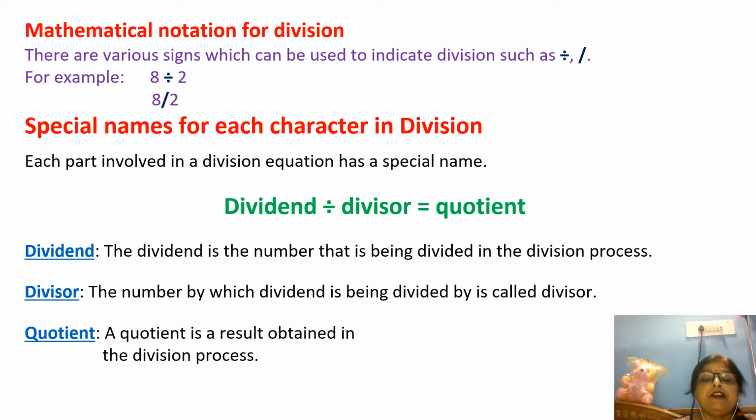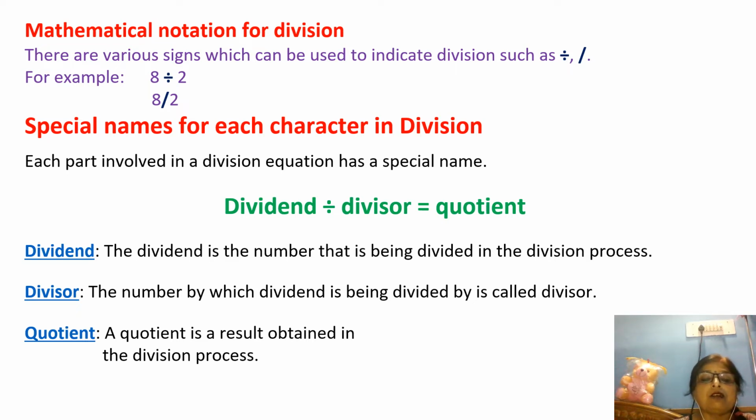It means the dividend is divided by the divisor. Next, the divisor: the number by which the dividend is being divided is called the divisor. Whatever number you are dividing the dividend with is called the divisor.